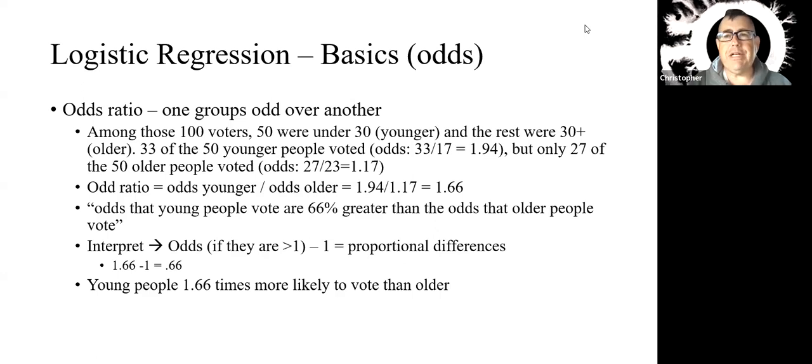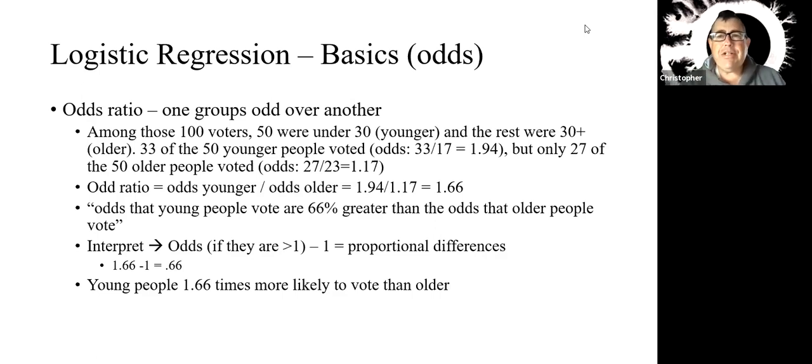We'll call those generously the older group. 33 of the 50 younger people voted in whatever this election was, giving them an odds of 33 over 17, or 1.94. But only 27 of the 50 older people voted in this case, giving them an odds of voting of 27 over 23, which comes out to 1.17.